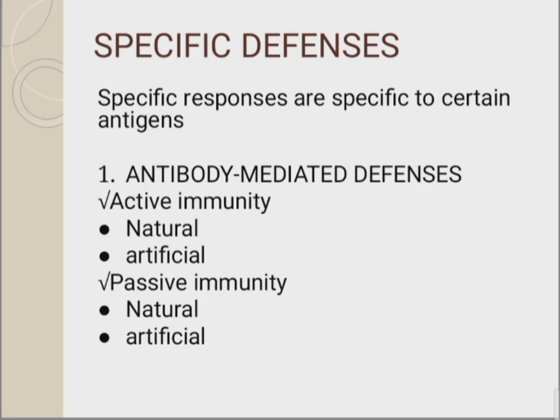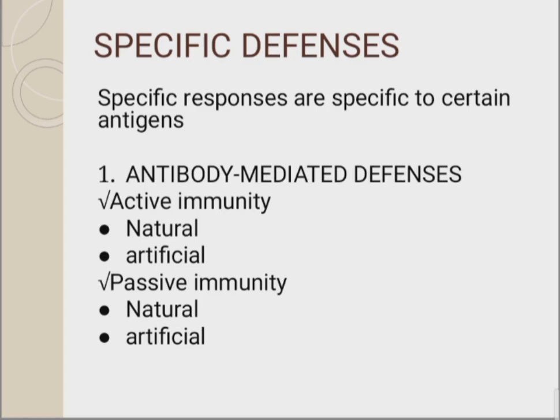Artificial active immunity includes the immunization program. When we are injected with a vaccine, our body produces antibodies, so it is known as artificial active immunity.